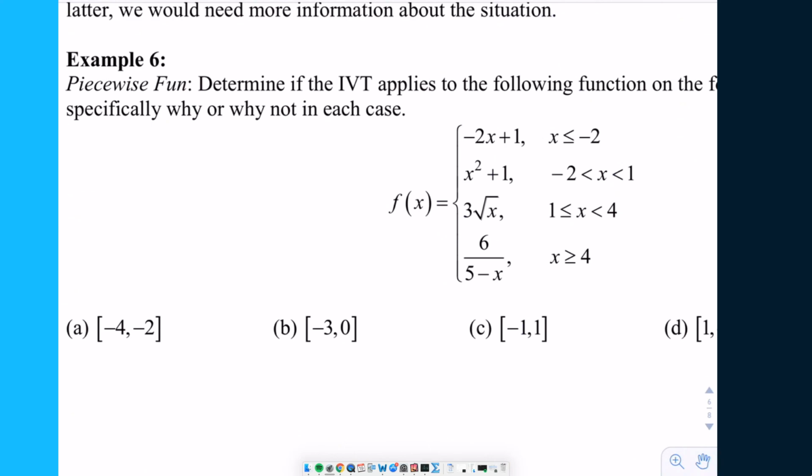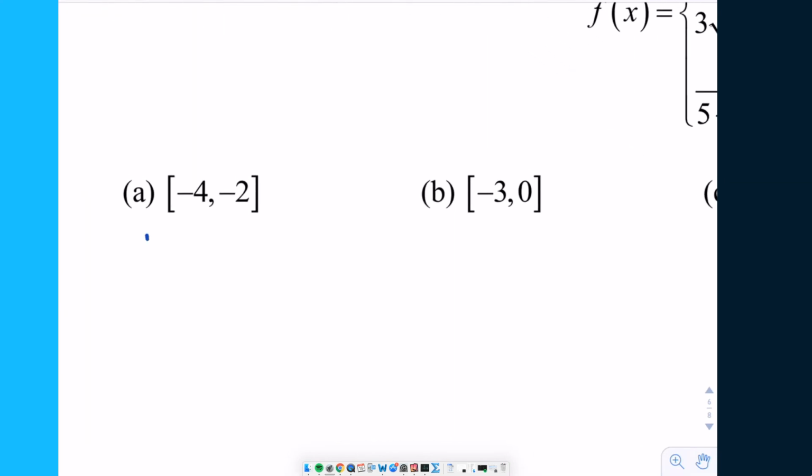From -4 to -2, is the function here continuous? Does the IVT apply? Why? All those values exist, and for that interval, we are staying exclusively on the top piece, which is a line. Because the equal sign is there, we know a line is continuous everywhere, so this one's yes. If you had to answer it, complete sentence, yes.